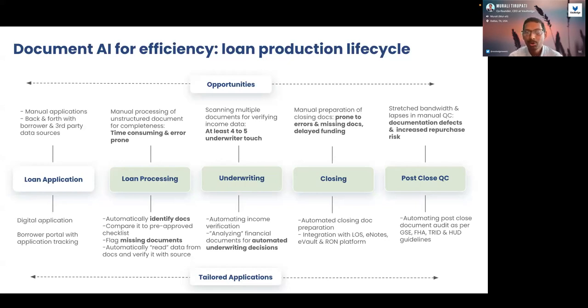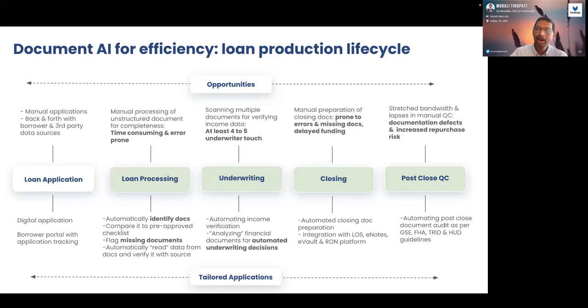In some processes that is very important, but in some of the other cases, like post-close, where companies are using document AI solutions for things like post-close audit or TRID compliance check, you can use document AI solutions on a standalone basis as well, right? So integration into something like an LOS may not be as critical there. And that is a very important element that one would want to consider.